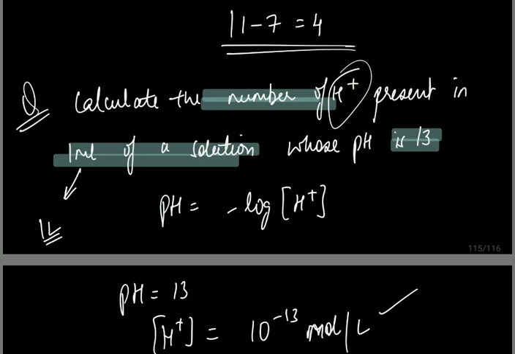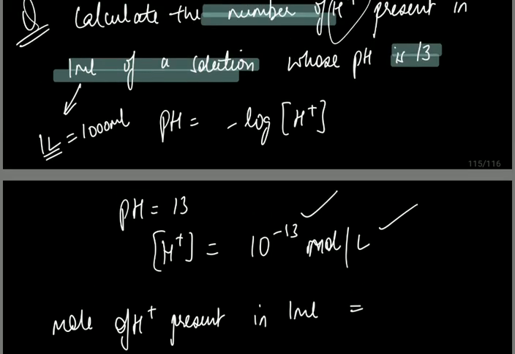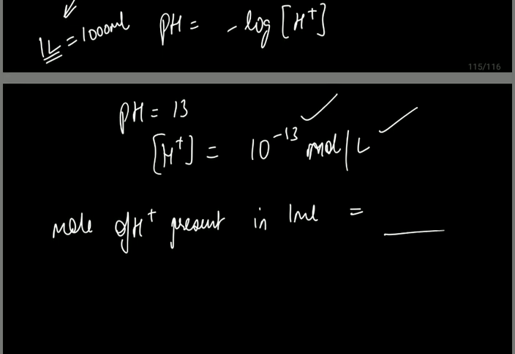So 1 liter is equal to how many ml? 1000 ml, right? They are talking about only 1 ml, but the concentration is per liter, and 1 liter is equal to 1000 ml. So 1000 ml means 10 to the power 3.